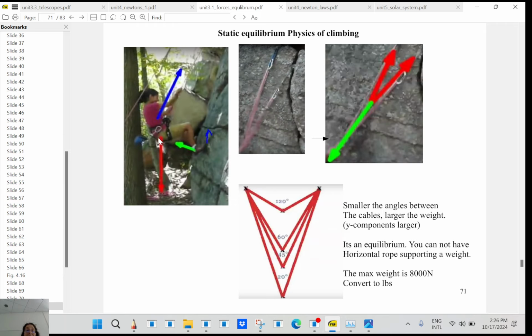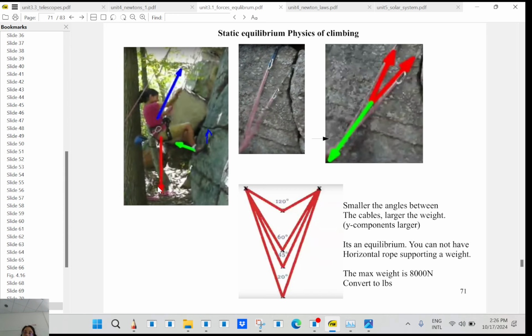And at the center of mass, you're going to have the weight straight down. When you add all those vectors, tail to head, you go back to the same place. It's going to be 0. So all the components up will be equal to the sum of all the components down in magnitude. The sum of all the components to the left will be equal to the sum of all the components to the right. Do you agree?